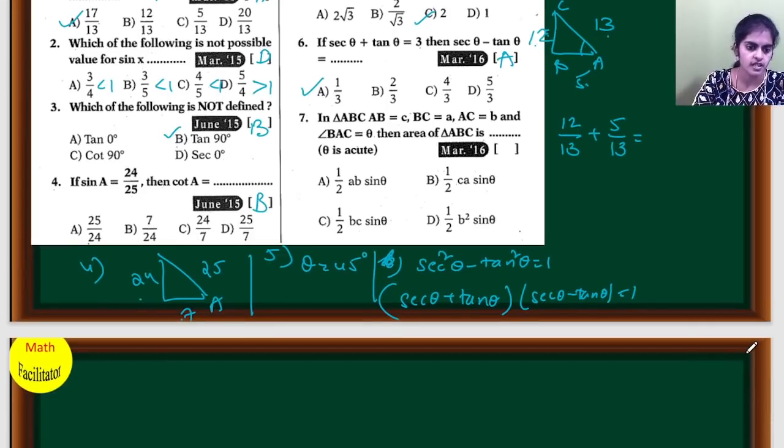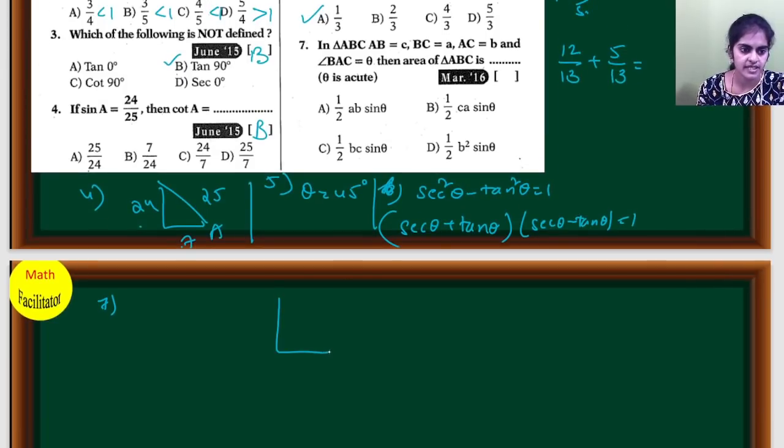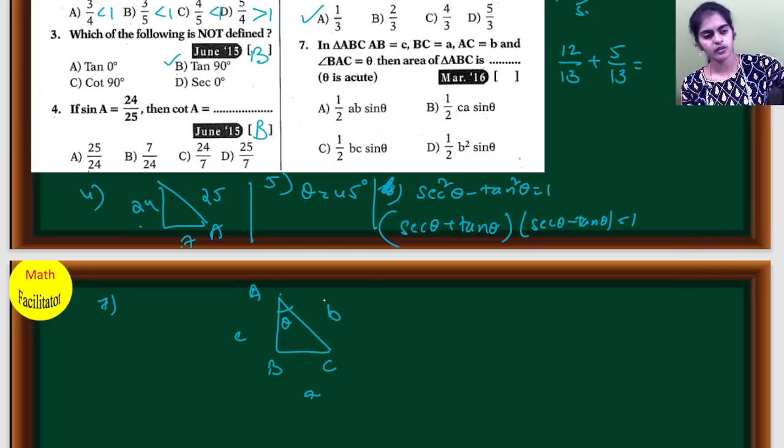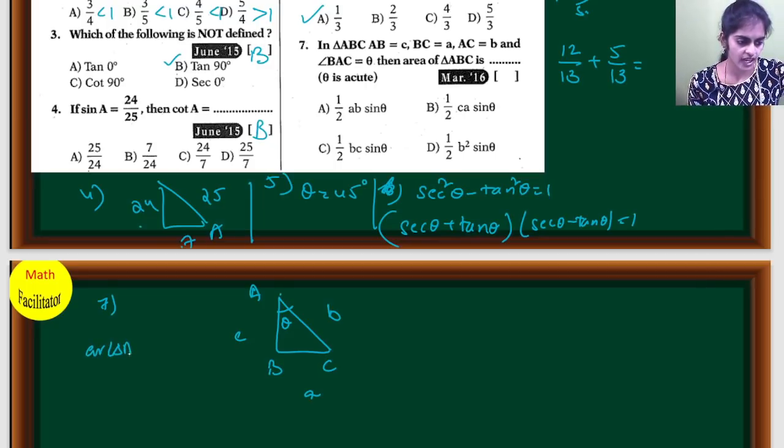Now question number 7. In triangle ABC, BC is a and AC is b. Then angle BAC is theta. Then the area of the triangle. If theta is acute, the direct formula here is, I think, using this formula only they gave you the triangles question.